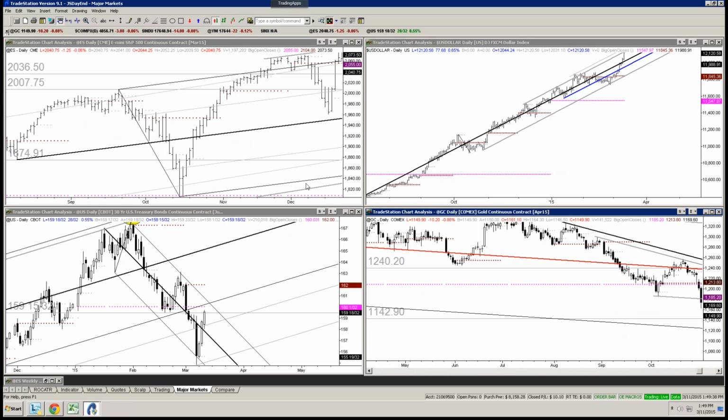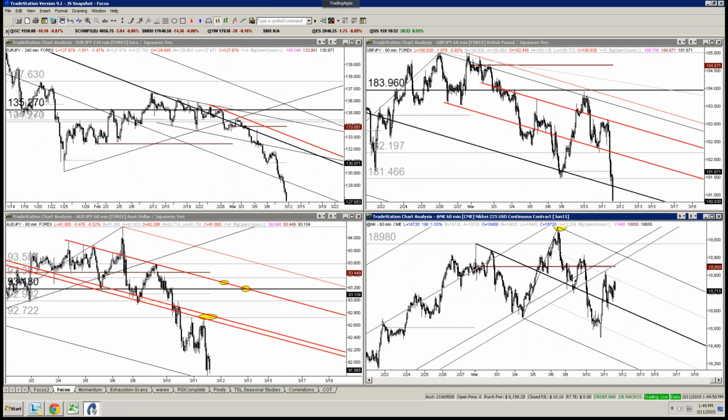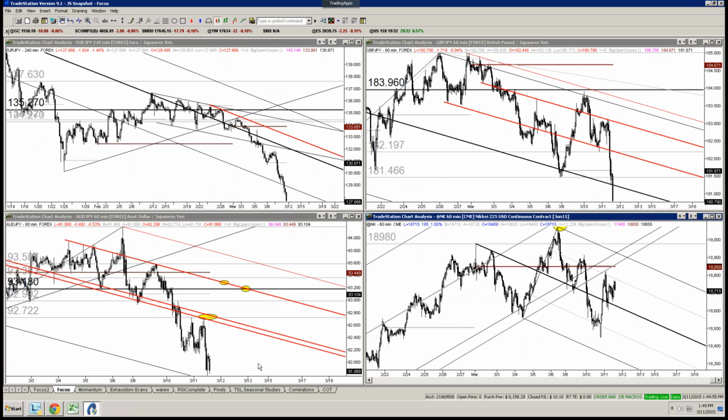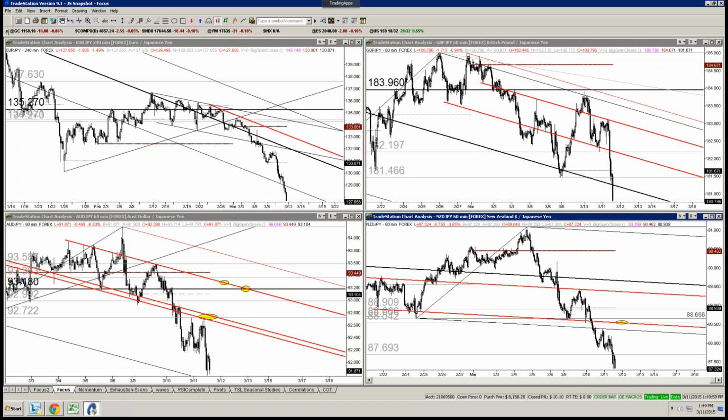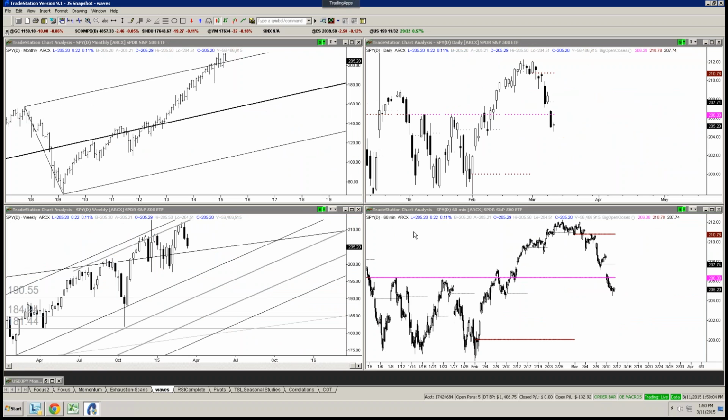I forgot. Oh, the Nikkei. That's what I want to look at. That's not what I want to look at. This is the wrong chart. No. All right, here we go.